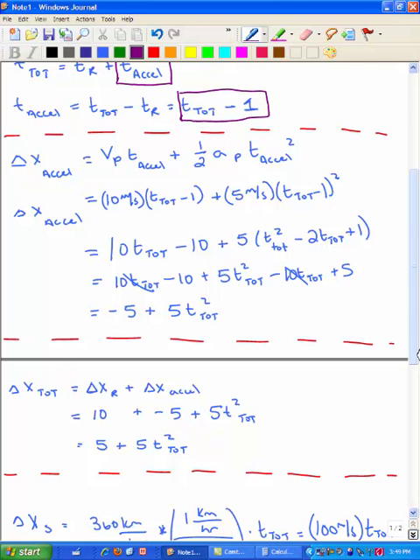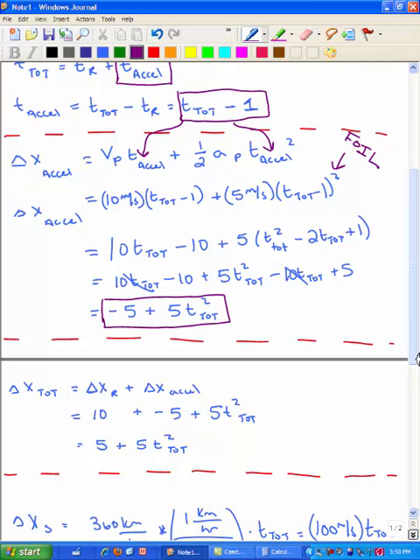The t in this case is the acceleration time, which we found to be t total minus 1. So inside that nasty equation, we're going to plug this in to make the equation even more nasty. In addition, we're going to plug in our numbers. Simplify this, and make sure that you FOIL it so that you don't make a careless error.